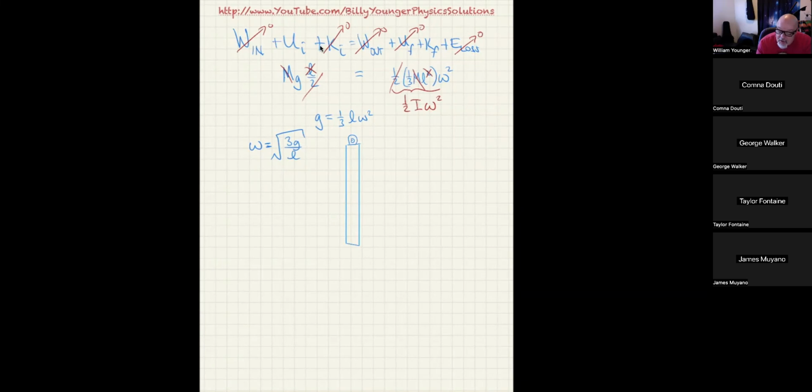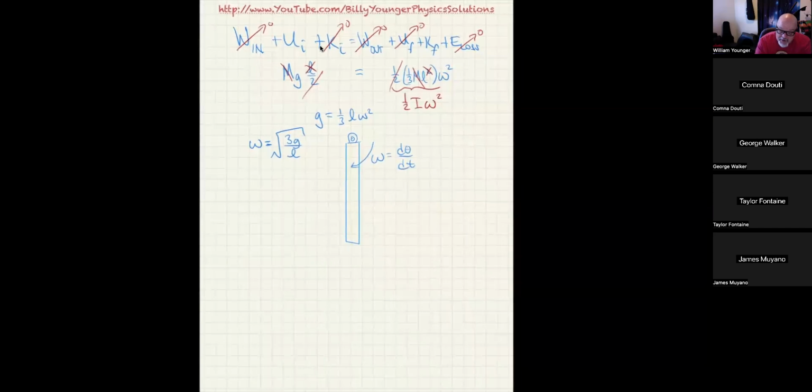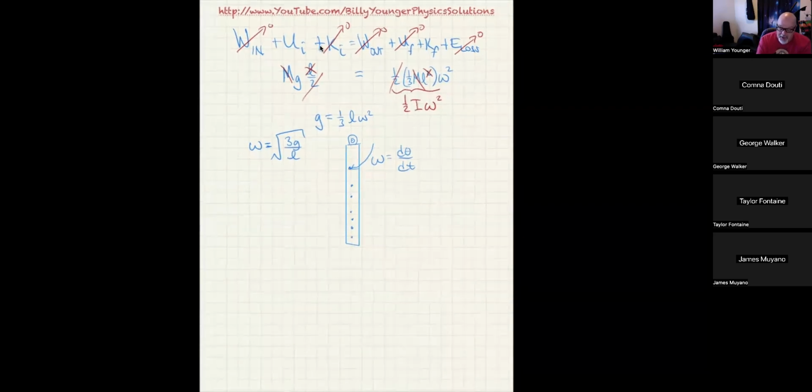And this thing is moving, in fact, at a rate of omega equals d theta over dt. Now, this part moves that fast. So does this part. So does this part. So do all these parts move at that speed, or else the thing would get bent and stuff like that. But what I want to know is what is the tangential velocity right here.